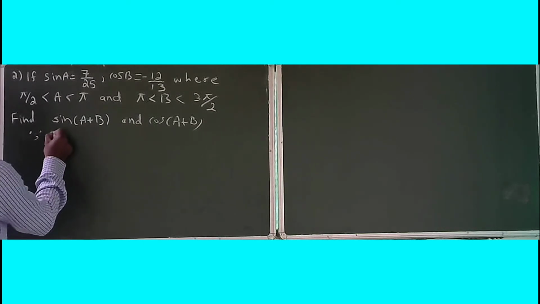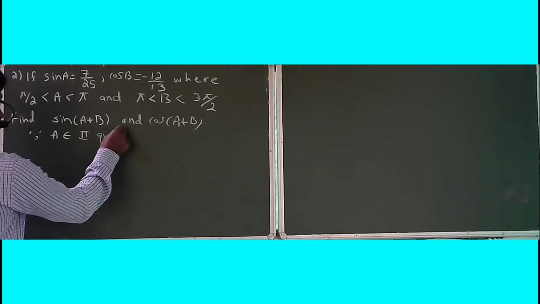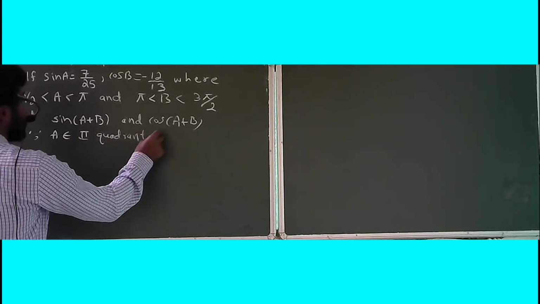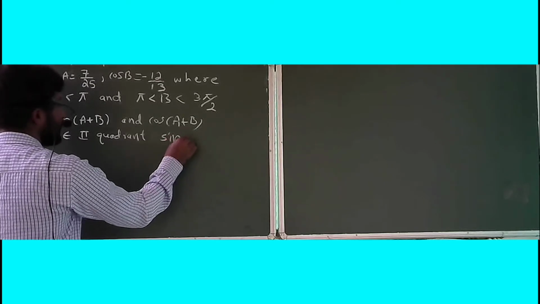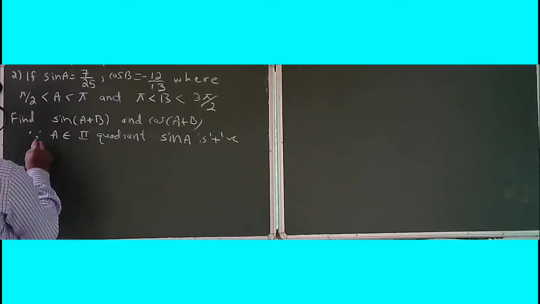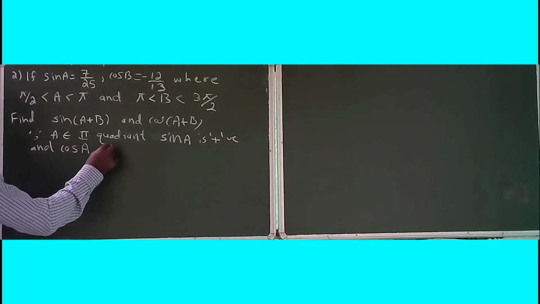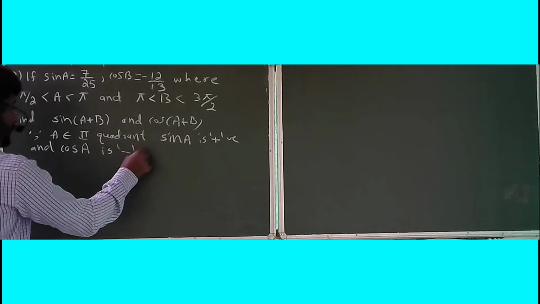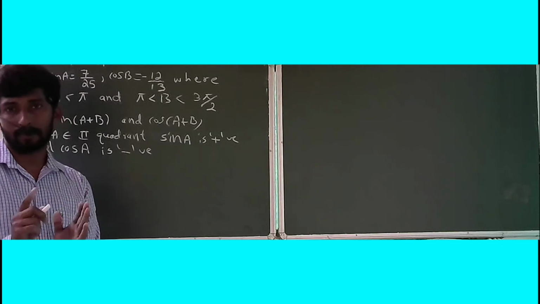So you can write, since A belongs to the second quadrant, sin A is positive and cos A is negative, right? For angle A in the second quadrant, that means the sine of that angle is positive.